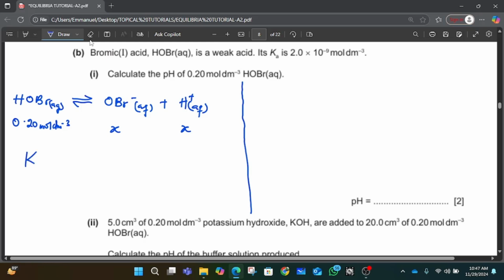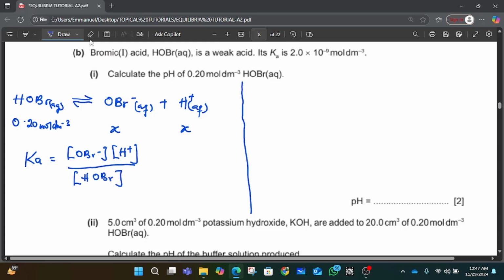Now the Ka is equal to the concentration of OBr minus times the concentration of H plus divided by the concentration of the acid, HOBr.